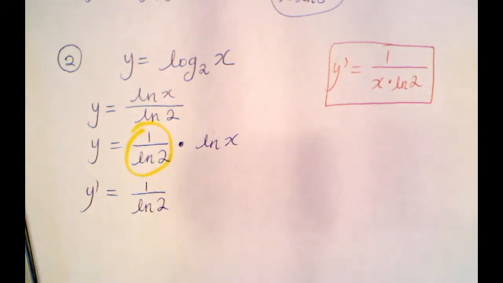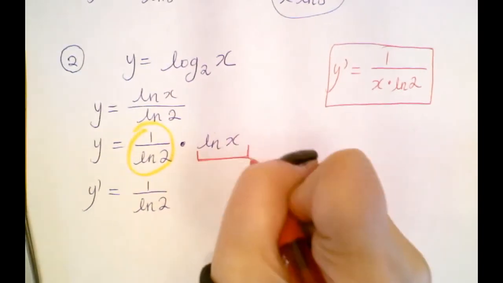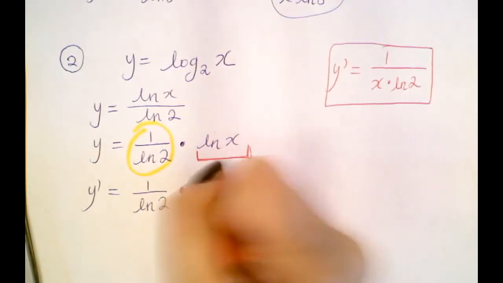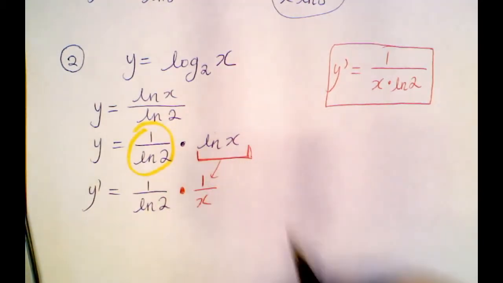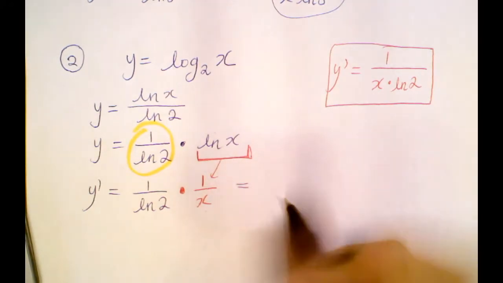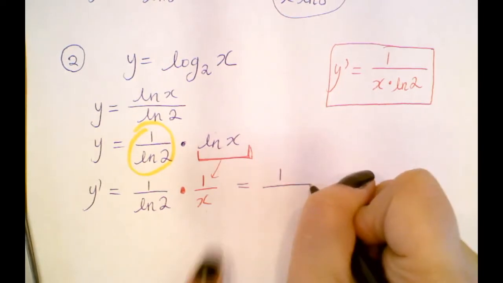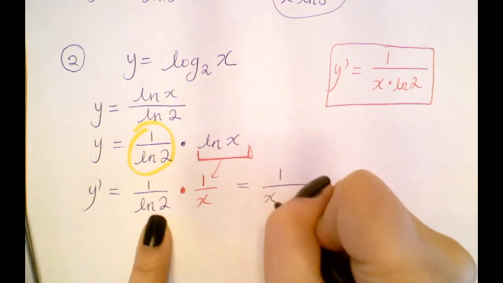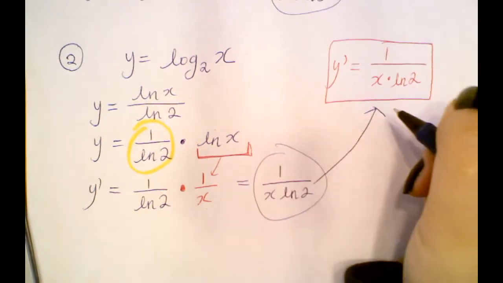But you do know that the derivative of natural log of x is 1 over x. I like how we get to review this because it's been spring break and you probably forgot some of these rules from before spring break. So if I put them together, I get 1 over x times natural log of 2. So it's that one.